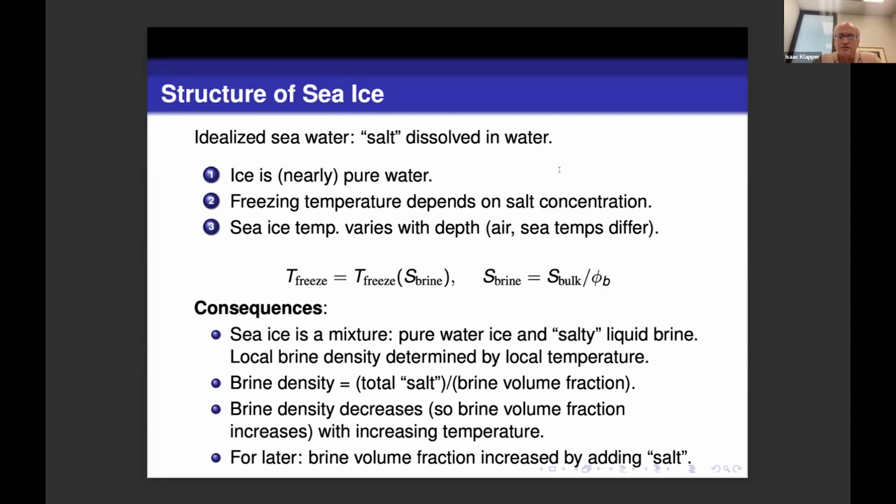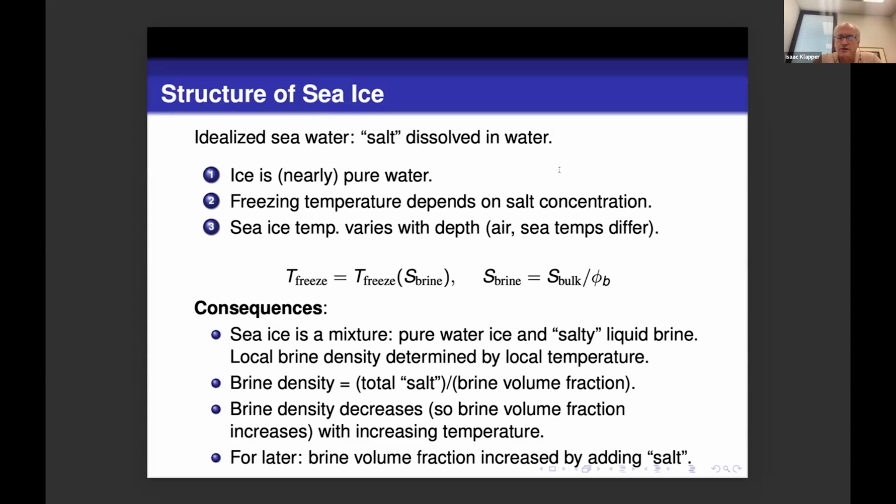So as a consequence, sea ice is not pure ice. There's liquid brine in it, and that's the place where microbes could possibly live. And it's interesting that there's a structure in the ice, which is colder at the top generally and warmer at the bottom generally. So there's more brine volume fraction down at the bottom.